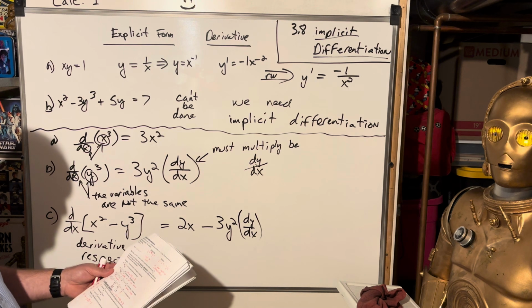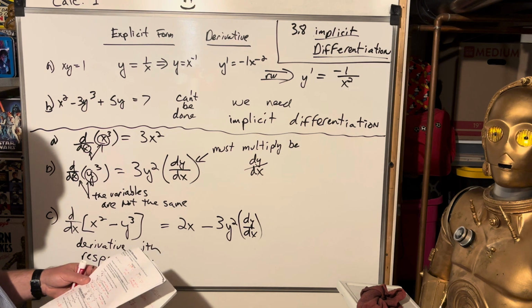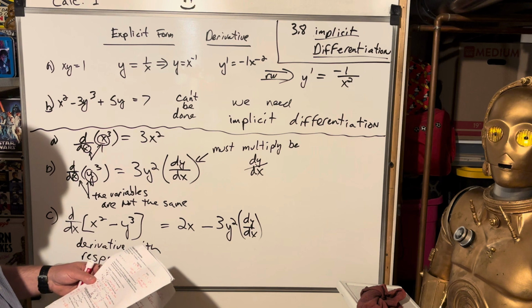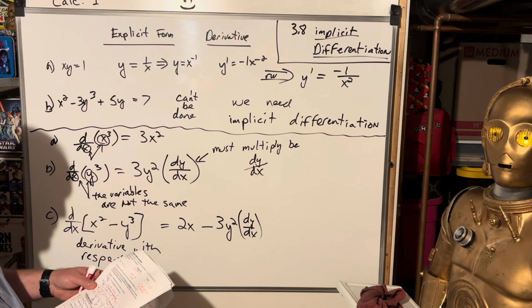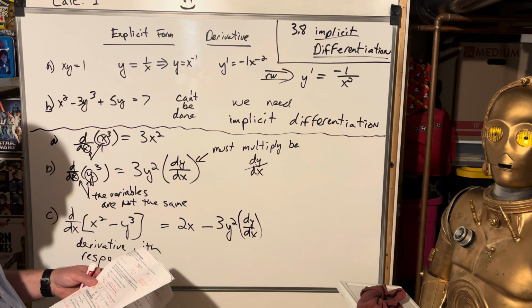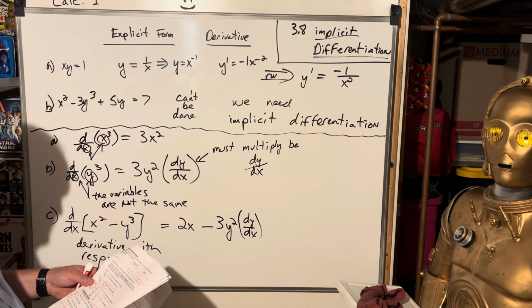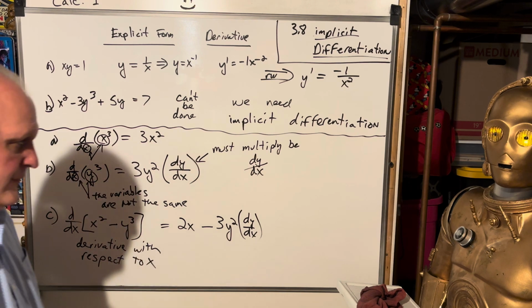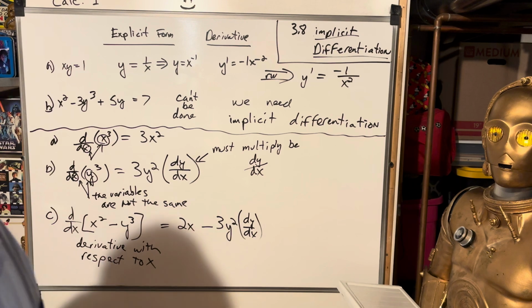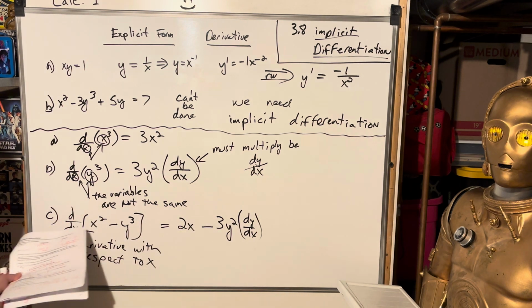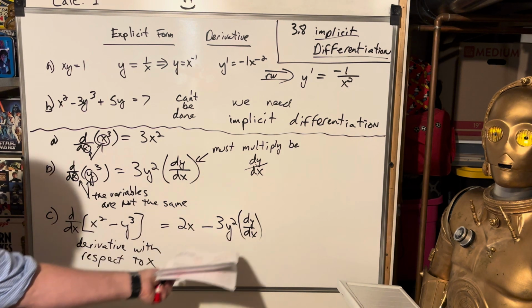Now if we take a look at the next one, we still have to apply the other rules that we have. That one was just subtraction, so we did the derivative of each and then we're done.